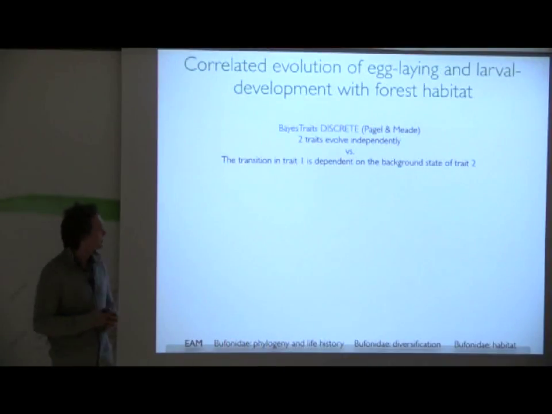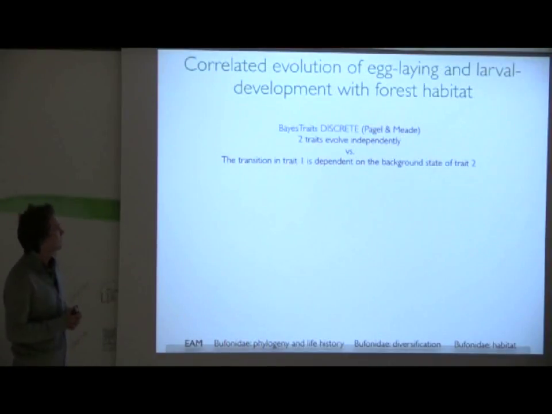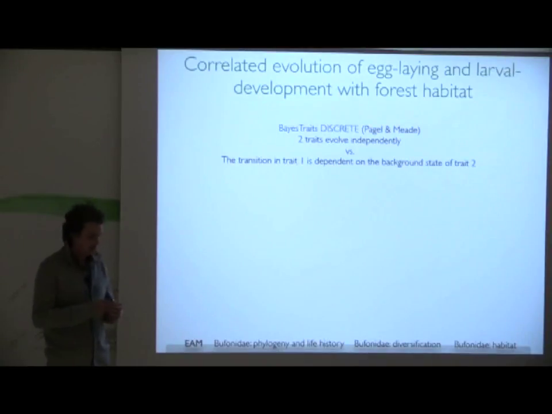BayesTraits is quite a neat program that allows you to test for correlated evolution of 2 binary traits. And essentially how it works is it runs 2 models. It runs a model where your 2 binary traits are allowed to evolve independently on your tree, and then it runs the same model, but where the background state of one trait is dependent on the other.